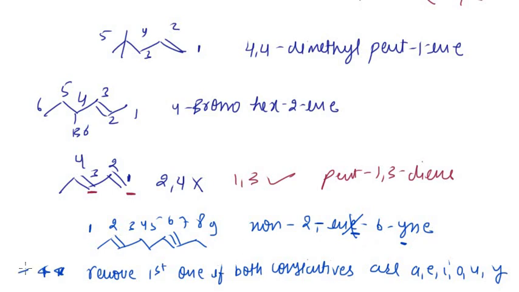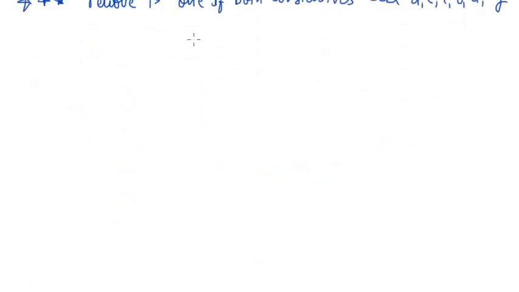Remember, it is very important. Remove the first one if both consecutives are A, E, I, O, U and Y. It is not just vowels, it is A, E, I, O, U and Y.